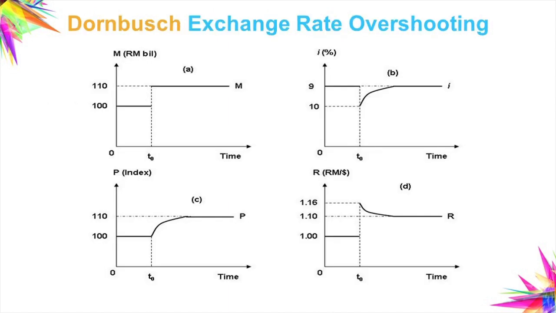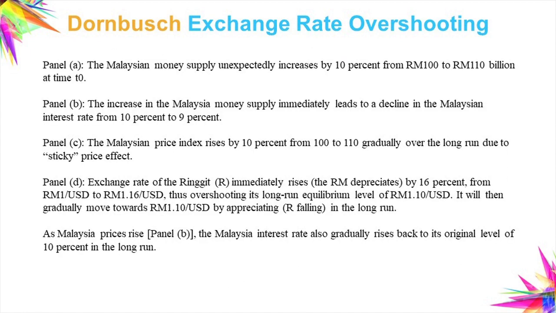Dornbusch exchange rate overshooting. Refer to the 4 panels diagram. Panel A. The Malaysian money supply unexpectedly increases by 10%, from RM100 to RM110 billion at time T0. Panel B. The increase in the Malaysian money supply immediately leads to a decline in the Malaysian interest rate, from 10% to 9%.